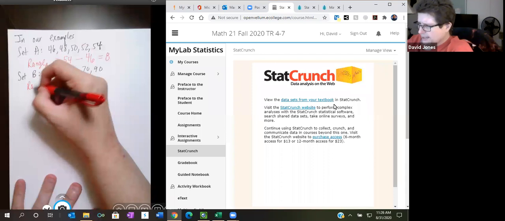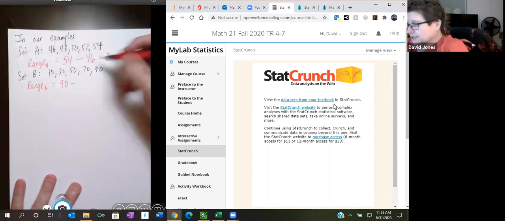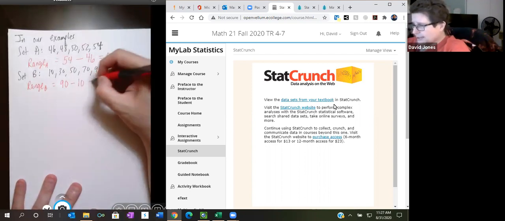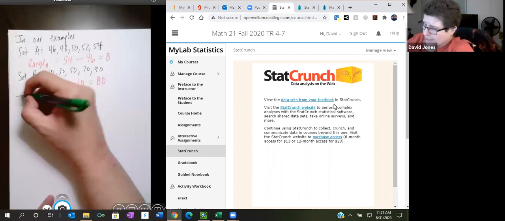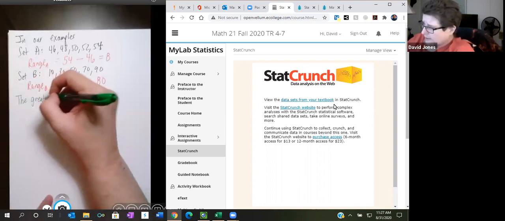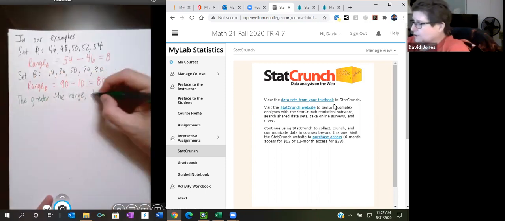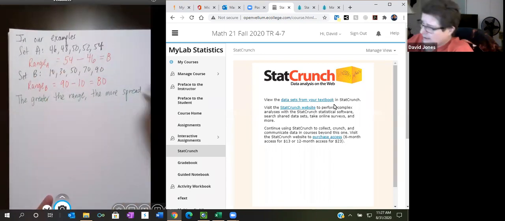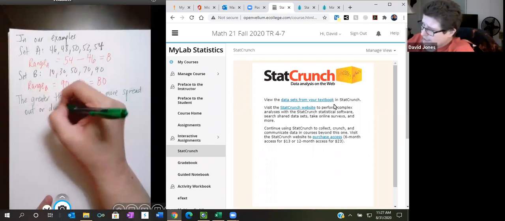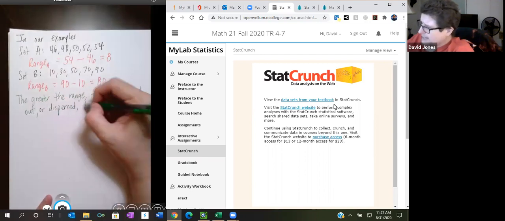The range of B is the largest, which is 90, minus the smallest, which is 10. 90 minus 10 is 80. So the bigger the range, or the greater the range, the more spread out, or dispersed, the data is.